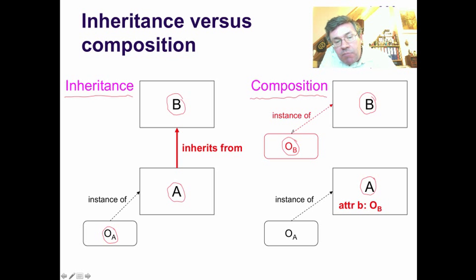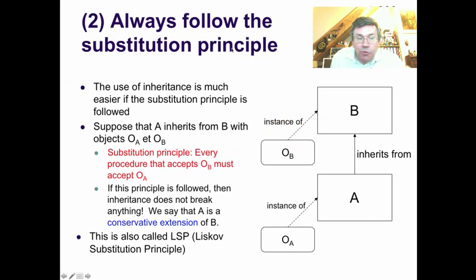OB is an instance of B, and OA is an instance of A. All we have is that inside of A, we have a reference to the object OB. So that means A simply uses OB to do its work, but it's not extending the interface of OB. So this is much easier to use than inheritance. Okay, so that's the first rule.